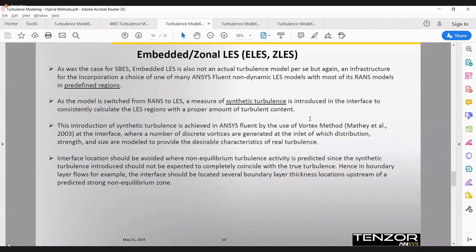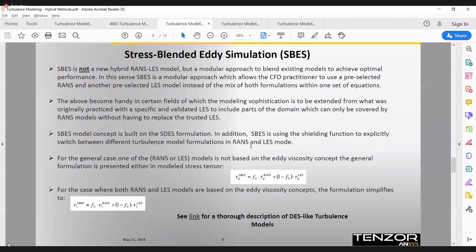And that's what happened with the scale adaptive simulation. I never heard it used for anything but nice pictures.